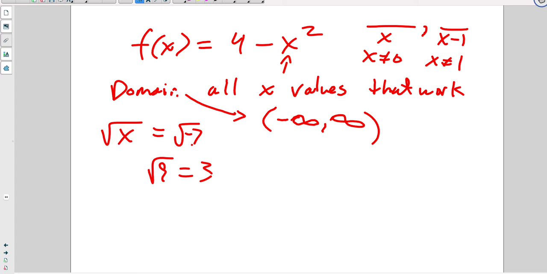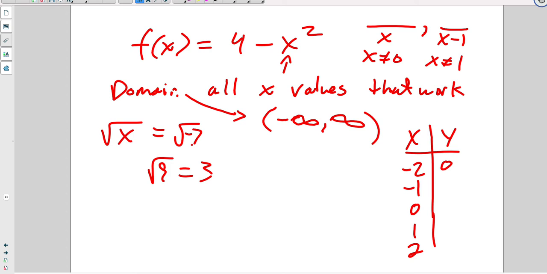Sometimes what you need to do is just pick some values for x and see what you get for y. So I'm going to pick some easy ones. If I put a negative 2 in there, I get 0. If I put negative 1, I get 3. If I put 0, 4 minus 0 is 4. 4 minus 1 is 3. 4 minus 2 would be 0 again.